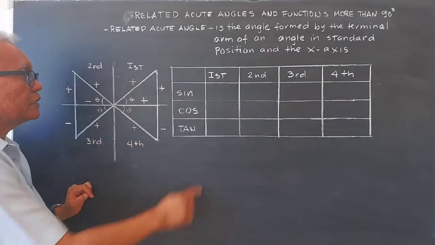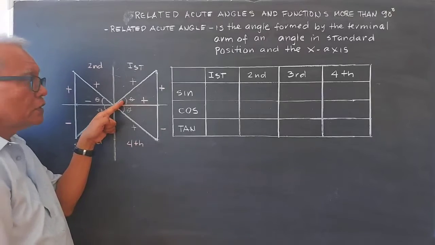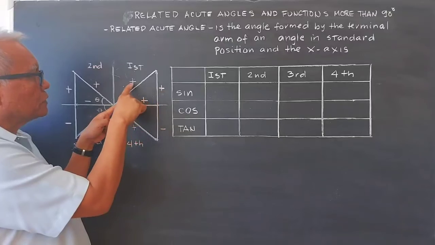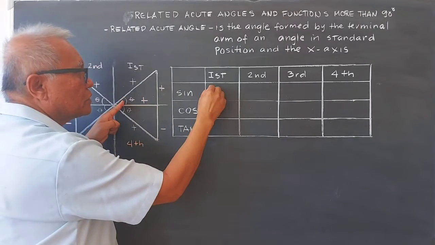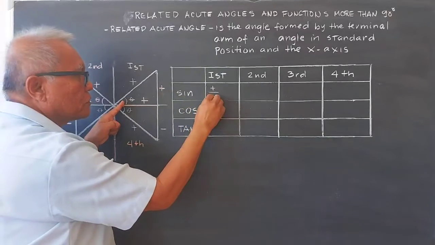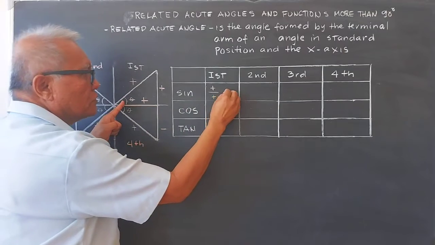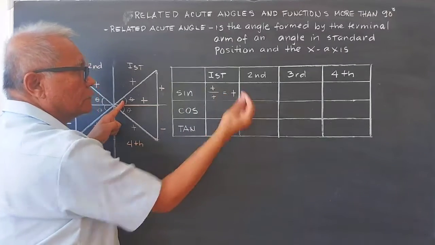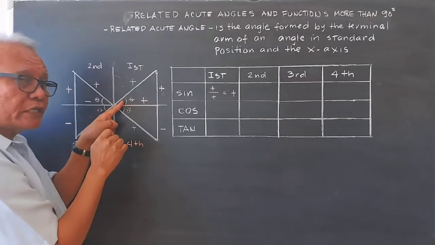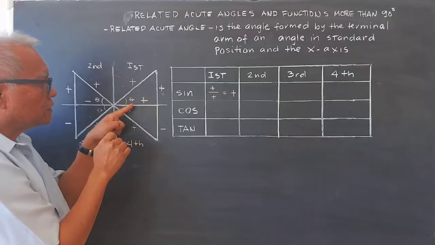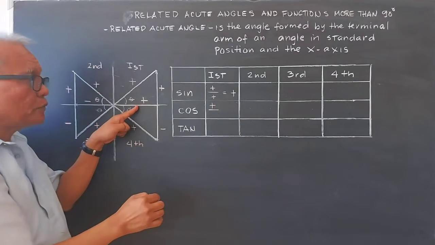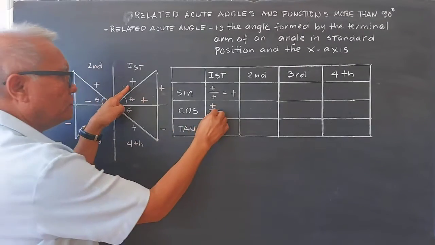Let's take sine in the first quadrant. Sine is opposite over hypotenuse. The opposite is positive, over the hypotenuse, which is also positive, so the result is positive. Cosine in the first quadrant is adjacent, which is positive, over the hypotenuse, which is always positive.